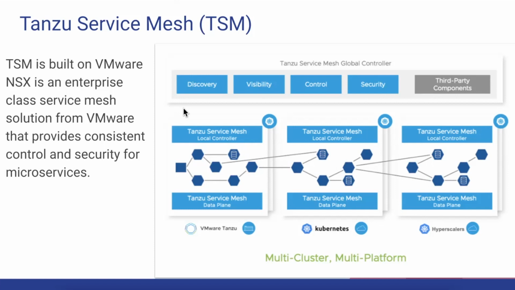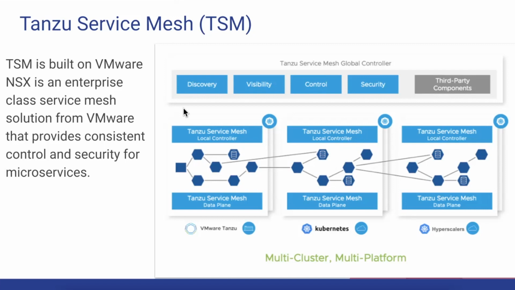And this is a really enterprise class service mesh solution that provides consistent control and security of microservices running across different Kubernetes platforms. They also, I think, support cloud-based services as well, but I have primarily explored microservices running on Kubernetes platforms, maybe TKG, maybe EKS, AKS type services.